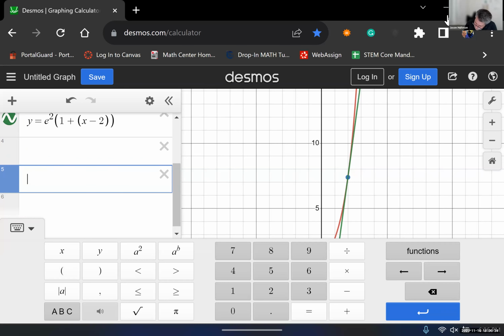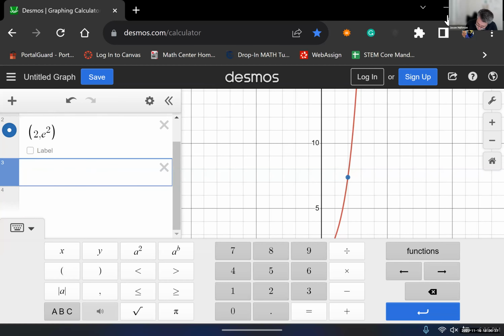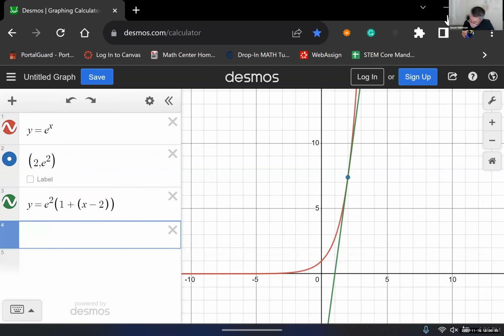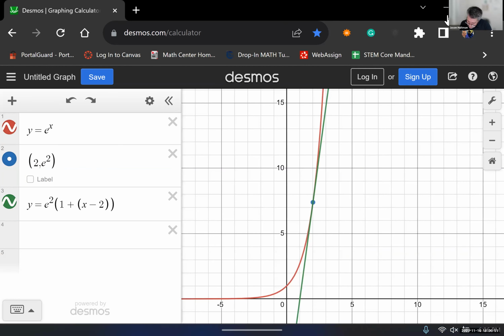Of course. Let's go back. There we go. We can see that that just creates a straight line. That's a linear line that goes through that point, and it's trying to approximate the curve here. Okay, so we need some more terms.